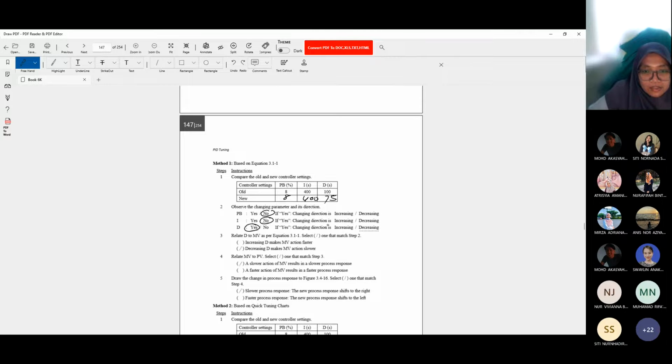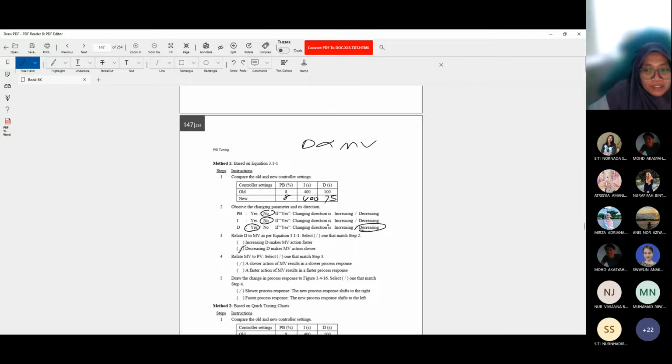So 100 to 75 increasing or decreasing? Decreasing. Okay, decreasing. So D to MV, dah tahu tadi kan, D proportional to MV. Yes. So if D decrease, MV? Decrease. Slower. Decrease. Okay, slower.